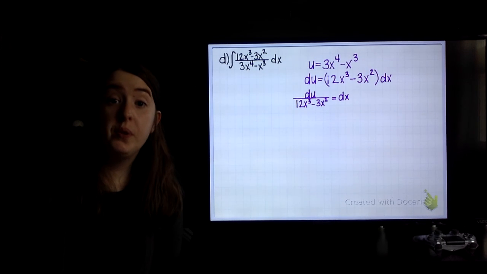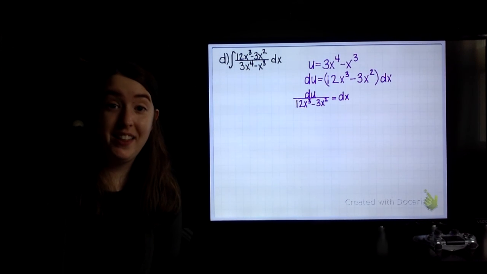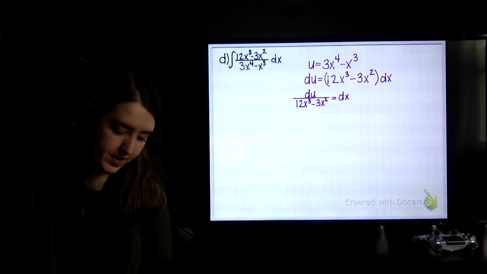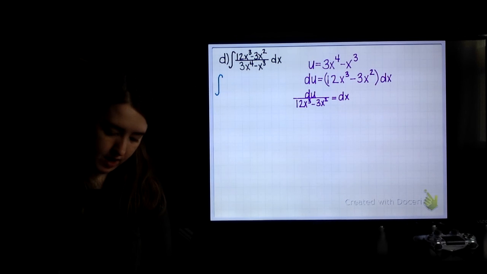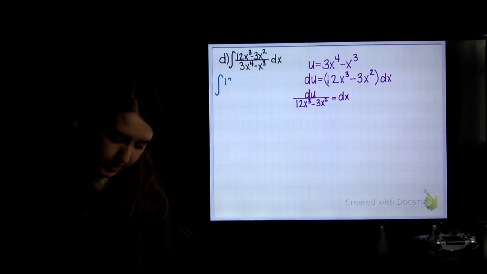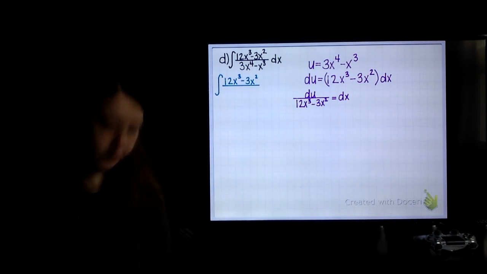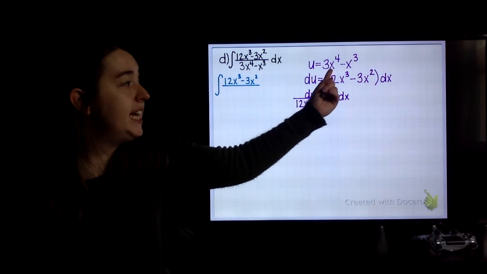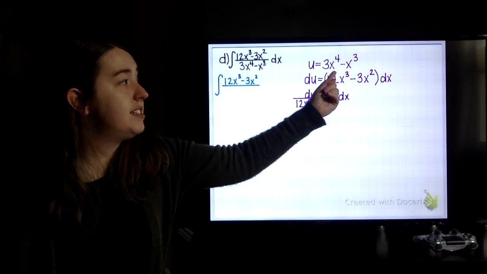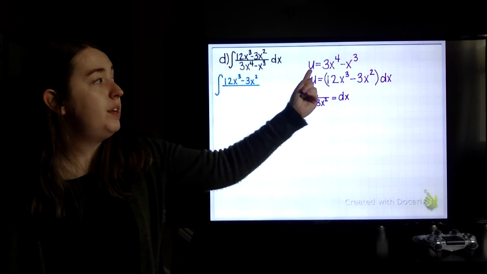So then we'll go through and substitute in things that we can substitute in. So we've got this big ol' integral. Nothing can go in for this 12x cubed minus 3x squared. We know that 3x to the fourth minus x cubed is equal to u.